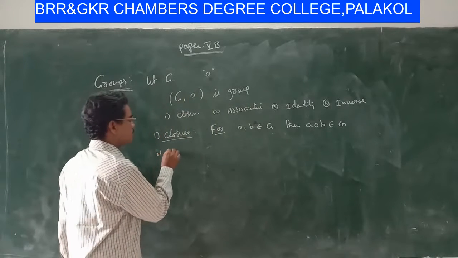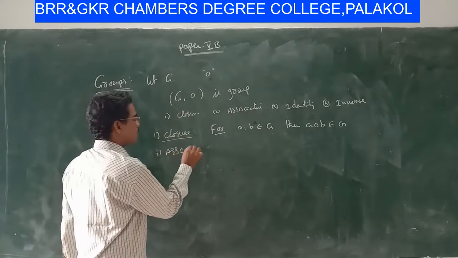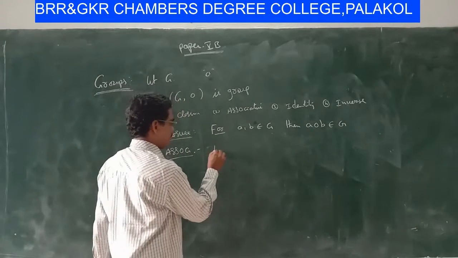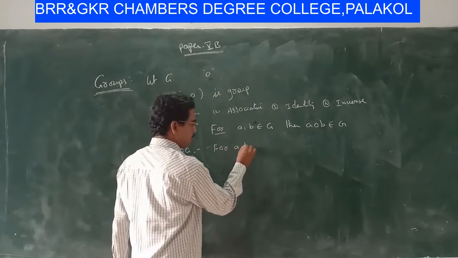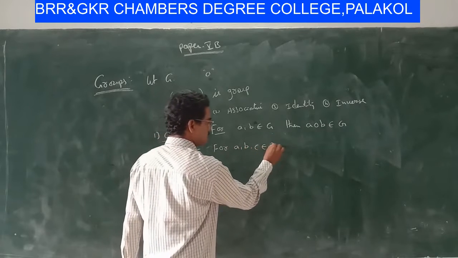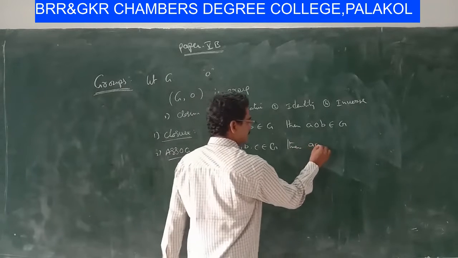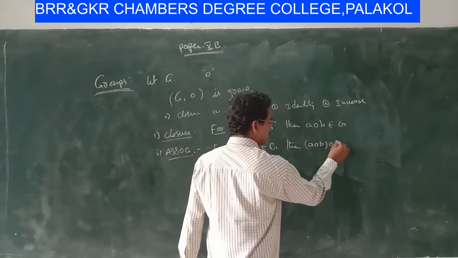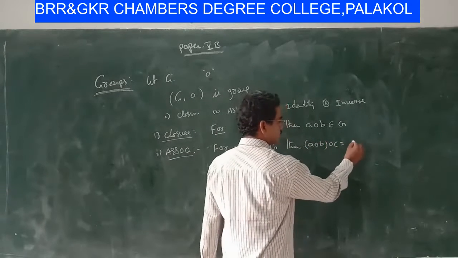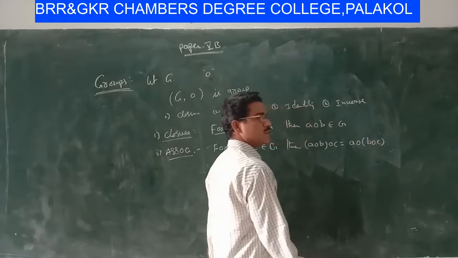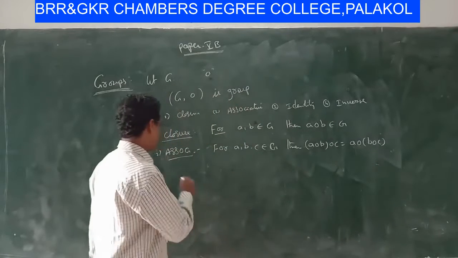Second, associative. Associative means for a, b, c belongs to G, (a circle b) circle c equals a circle (b circle c). This is associative.